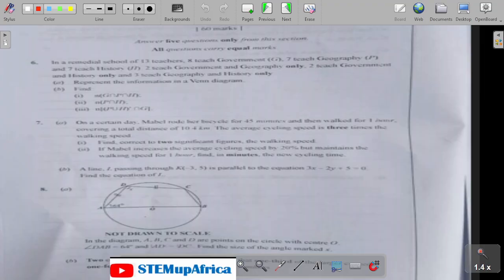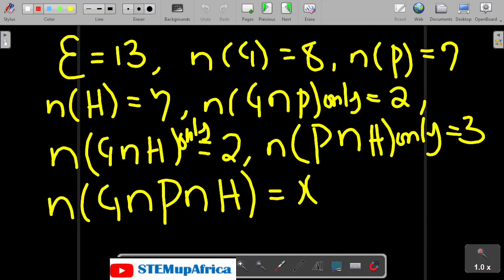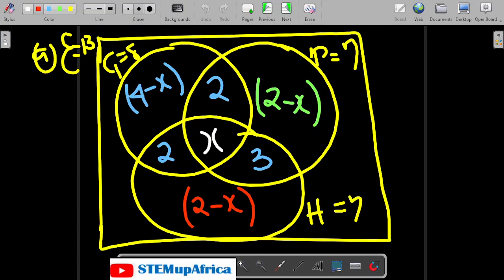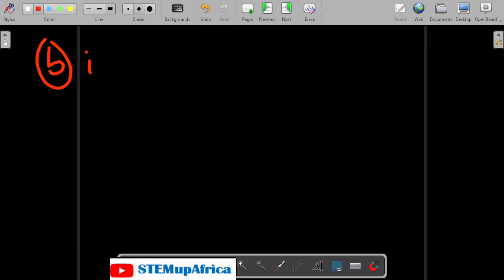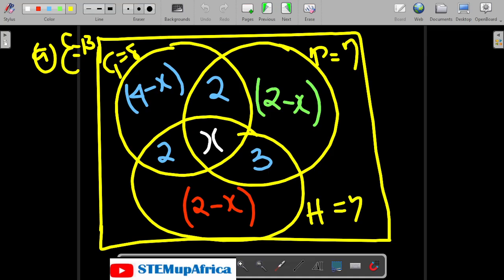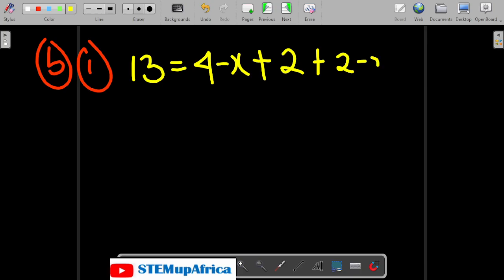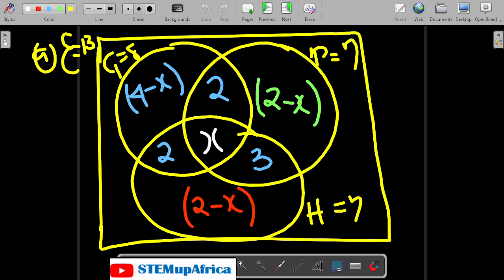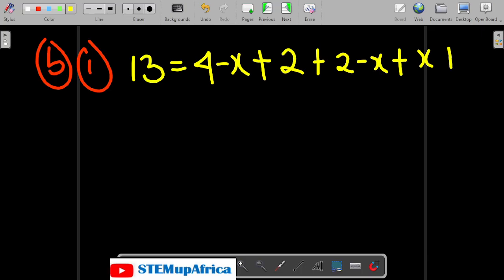Question B says we should find the number that teaches geography, government, and history, which is our X from the question. That means 13 is equal to 4 minus x, which is government only, plus 2, which is government and geography only, plus 2 minus x plus x plus x plus 2 plus 3 plus 2 minus x.